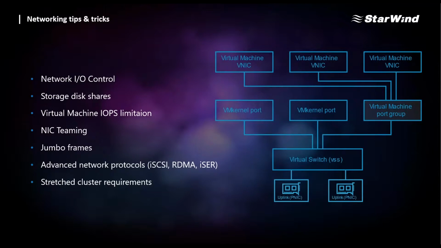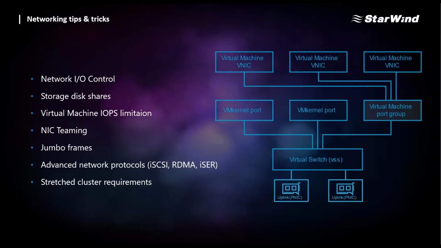Okay, so the storage disk shares. You can change the disk resources for a virtual machine if multiple virtual machines access the same VMFS datastore and the same logical unit number. Use disk shares to prioritize the disk accesses from the virtual machines. The disk shares distinguish high priority from low priority virtual machines, and shares is a value that represents the relative metric for controlling the disk bandwidth to all virtual machines.